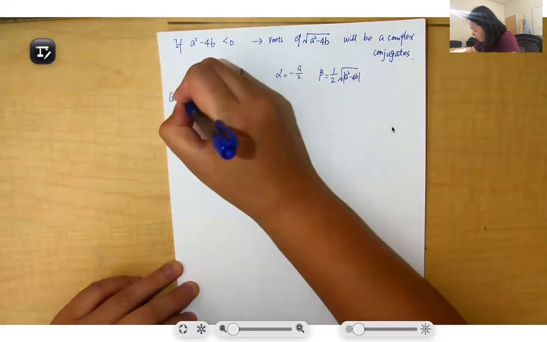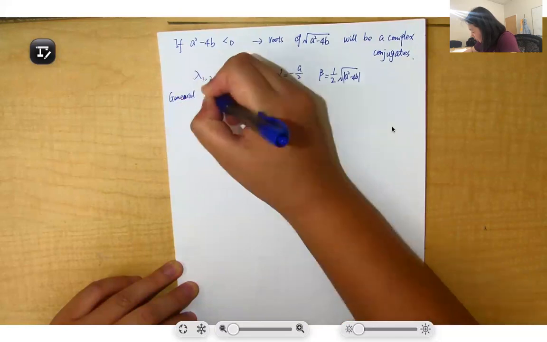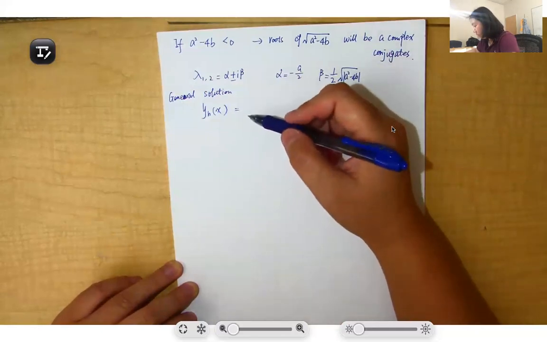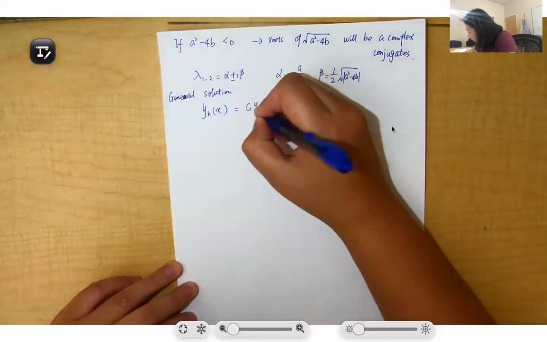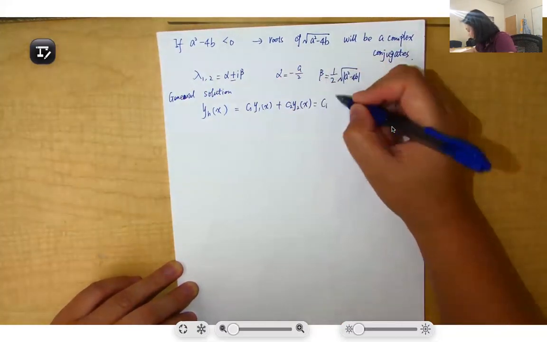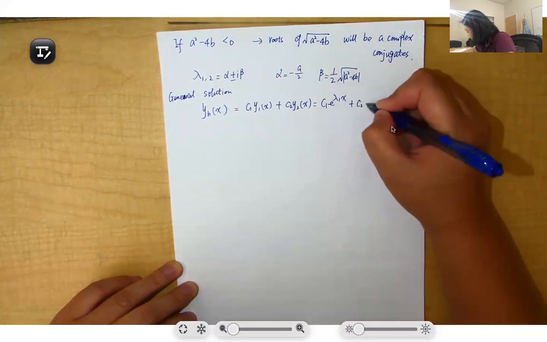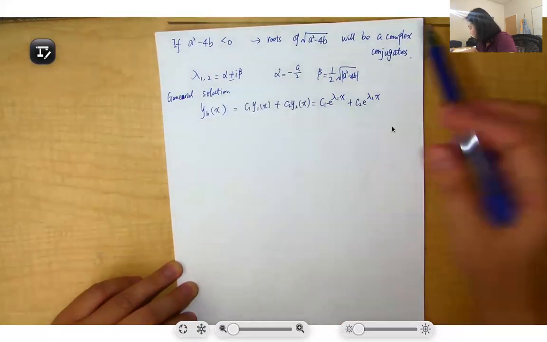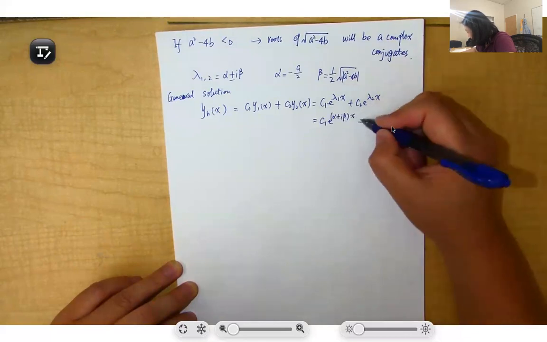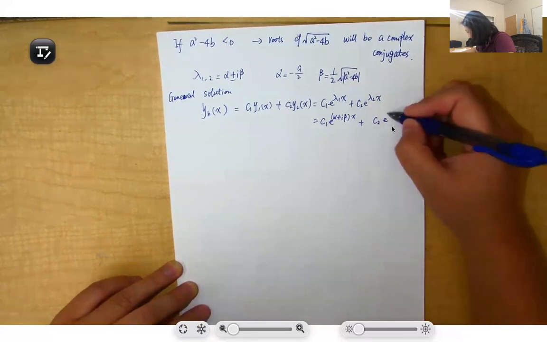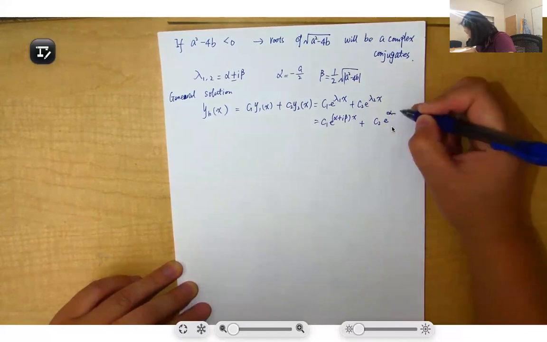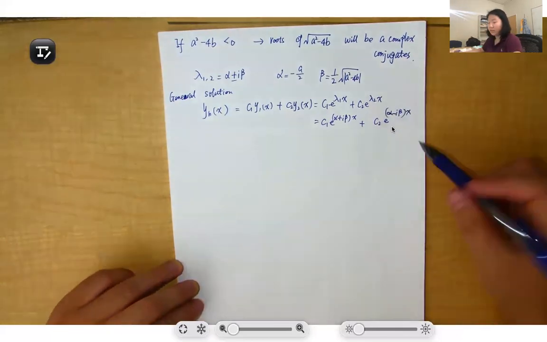The general solution is still a linear combination of both linearly independent solutions, C1 y1(x) plus C2 y2(x). That is C1 e to the lambda 1 x plus C2 e to the lambda 2 x. With lambda 1 and 2, that is C1 e to the (alpha plus i beta)x plus C2 e to the (alpha minus i beta)x. So this is your general solution.